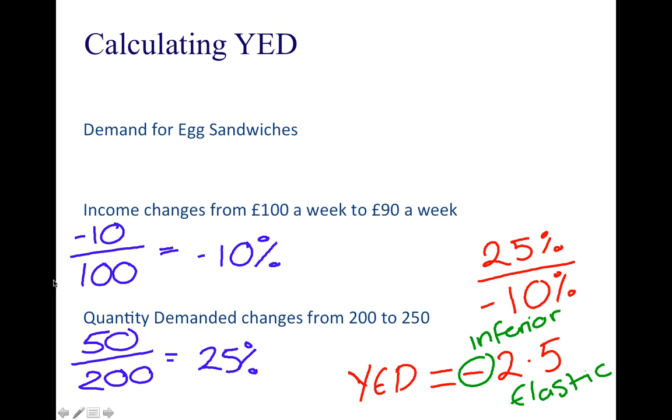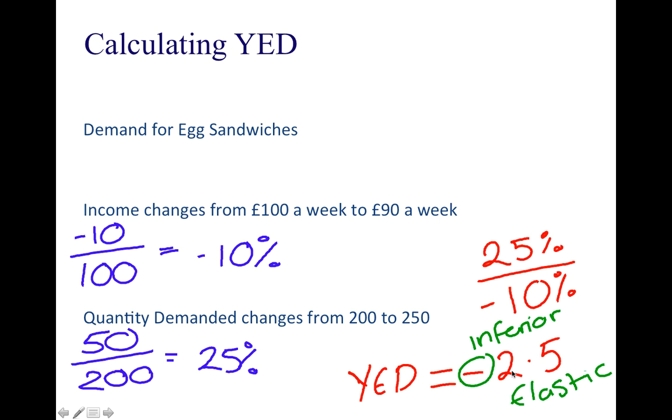So we've got a £10 change, and that's a decrease, so it's minus, divided by the original, which is 100, so minus 10% fall in income. We've got 50 over 200, which is 25. So when we put those figures in, the percentage change in quantity demanded, 25%, over the percentage change in income, minus 10, we get minus 2.5.